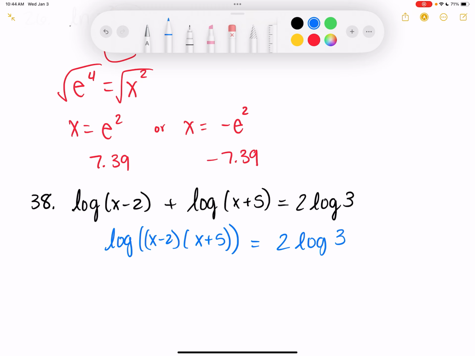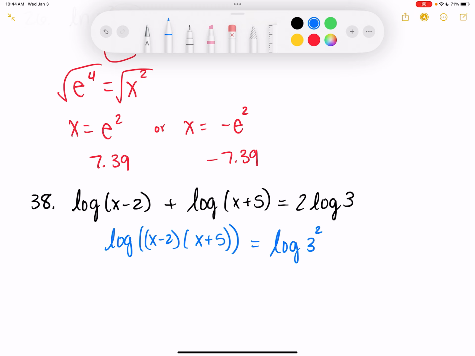Now, what might I do on this side? What can I do with this number that's out front? So I'm going to do this as log of 3 squared, or you can write it as 9. It doesn't matter. Now, what do I know must be true? The other one has to be log 3 squared.